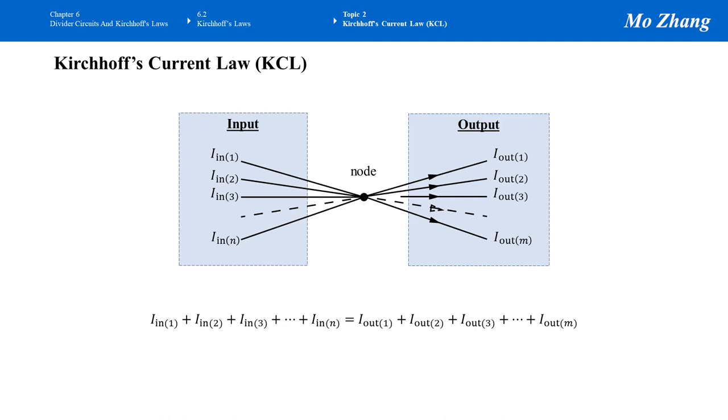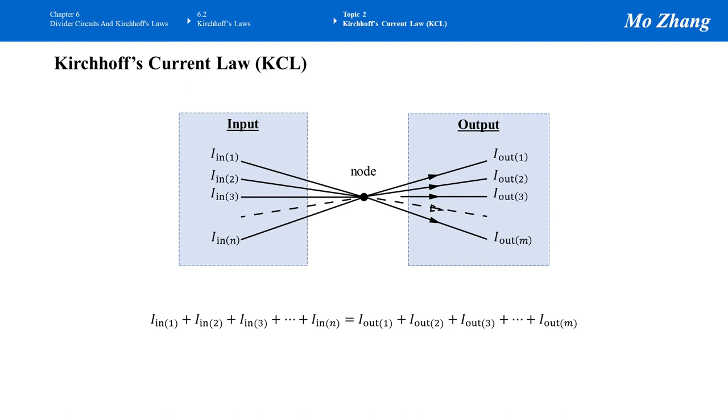If you want to express this relationship in a mathematical expression, the equation below shows the relationship. As you can see, I in, which means the input current, so I in 1 is the input current in branch 1, plus the input current of branch 2, plus the current in branch 3 all the way to the last branch.